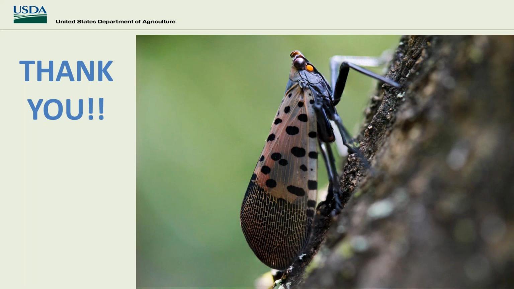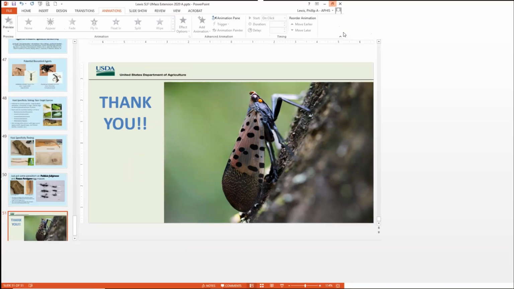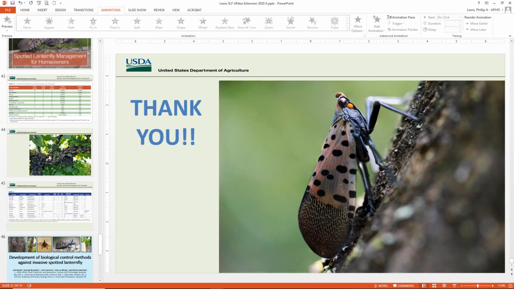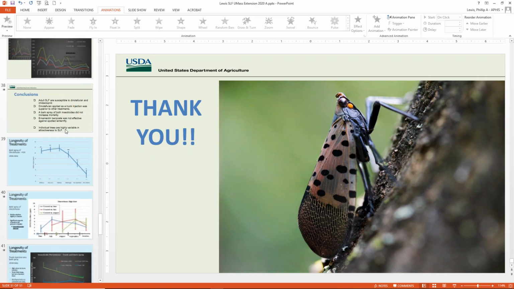Thank you. I've got another question here from Adam. When is spotted lanternfly active on Oriental bittersweet? We have a ton of it here in New York City parks. Good question. I think I have that slide. Let me just get out of the presentation, and then I'll be able to scroll back a little faster.